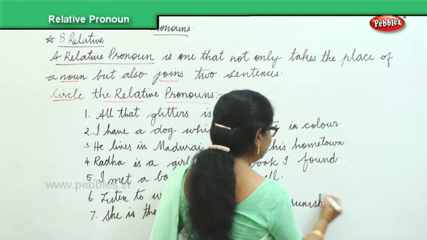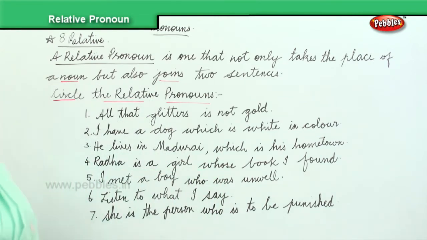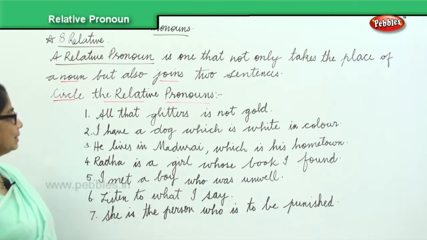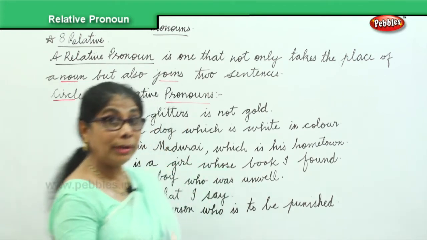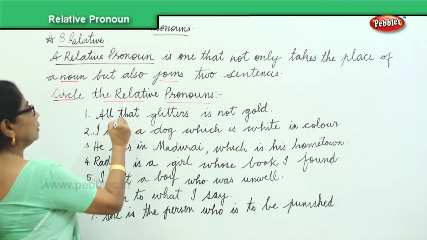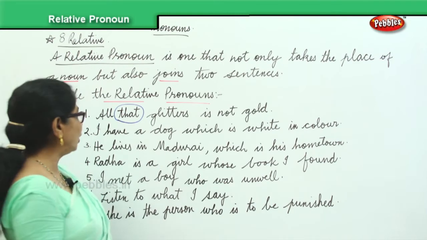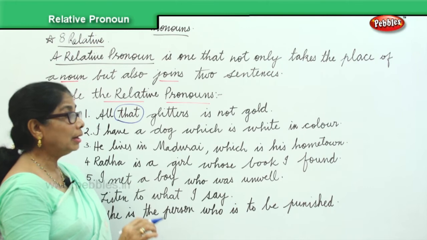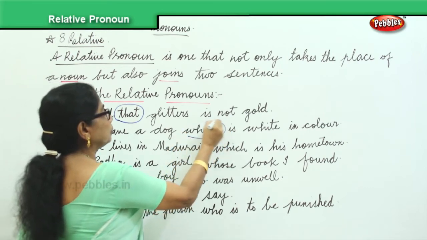So I have done 7 sentences for you, and what we are going to do here is circle all the relative pronouns in these sentences. All that glitters is not gold. All that, so that is the relative pronoun. I have a dog. The dog is white in color. It is joined by which?